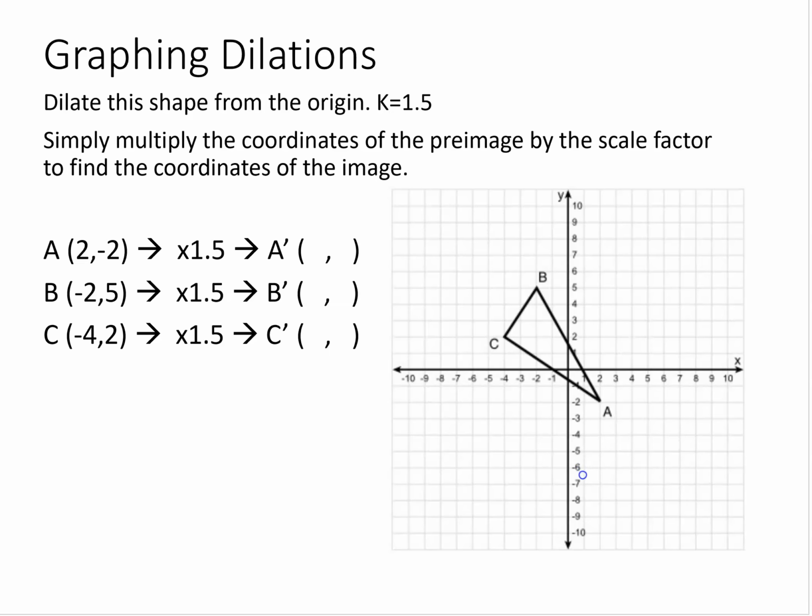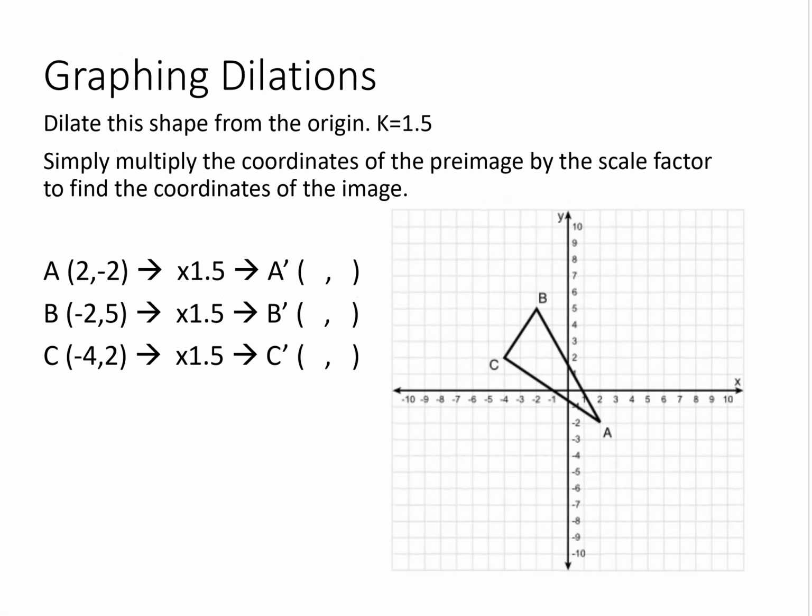All right, so here's how we do it. On a graph, if you're given points to dilate from the origin, I'm simply going to get those points and write them down. So here I have A at 2, -2. I'm going to multiply those coordinates by the scale factor. Here the scale factor is K equals 1.5.